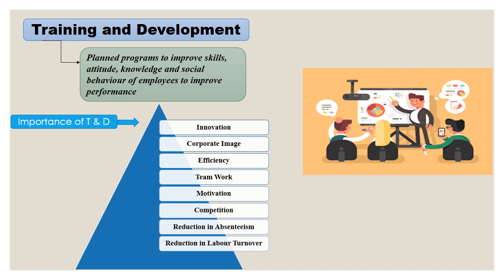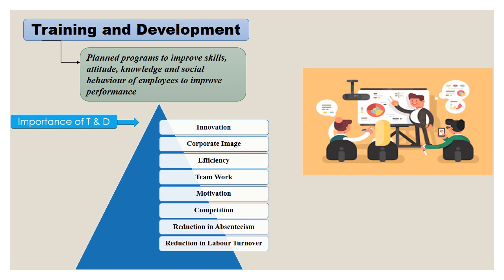So we have a definition that is given by Warren Cassio. Please excuse me if I've pronounced his name wrong. So training consists of planned programs to improve skills, knowledge, attitude, and social behavior so that the performance of the organization considerably improves.